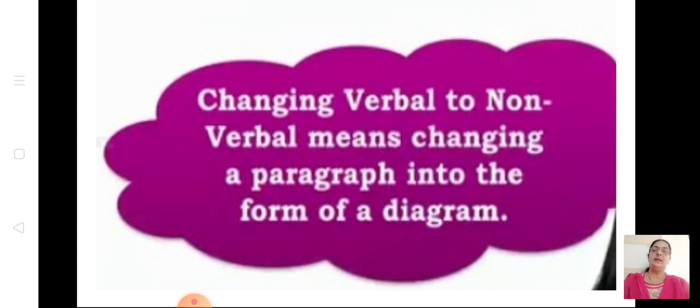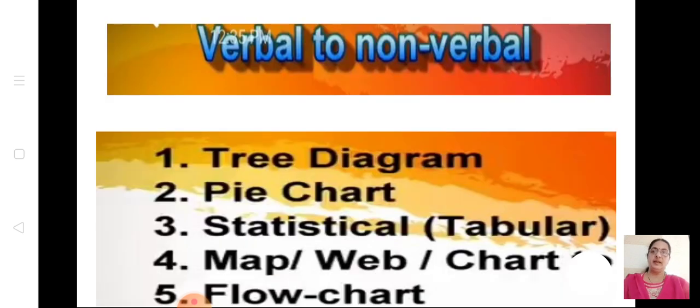There are many forms of diagram, such as tree diagram and pie chart. For verbal to non-verbal, a paragraph will be given, and you have to see the question. It can be converted into a tree diagram or a pie chart. What is meant by pie chart? That also I'll tell you. What is statistical data?